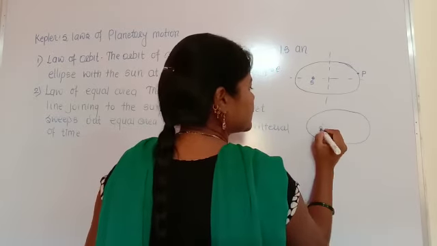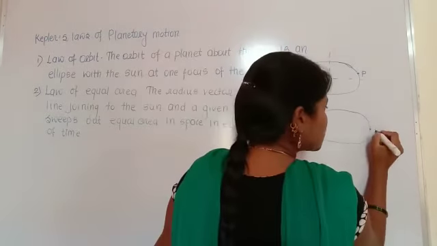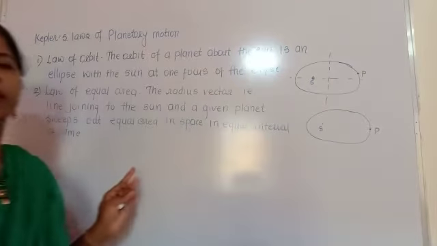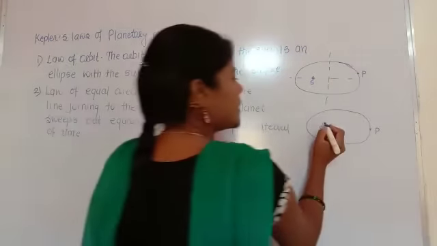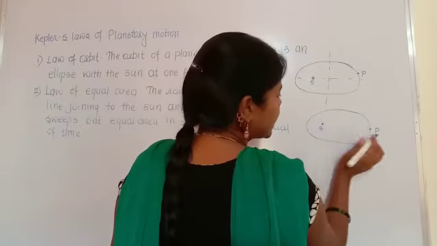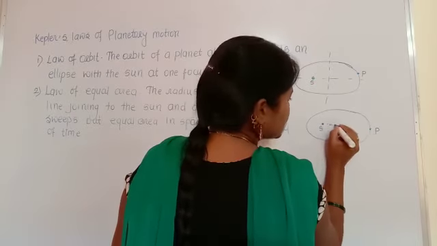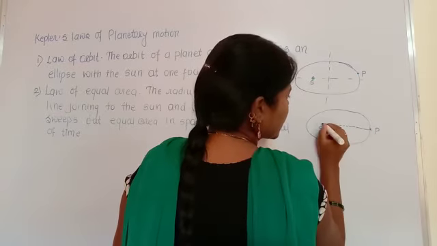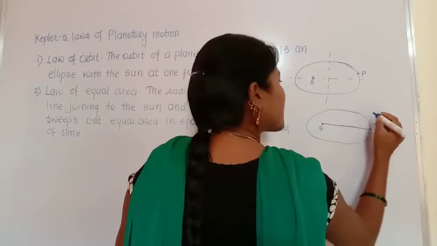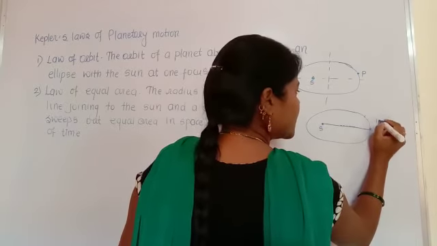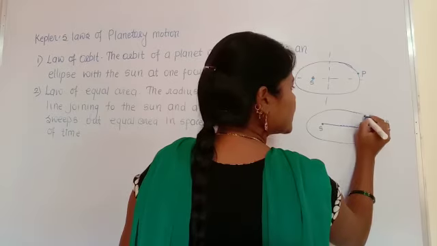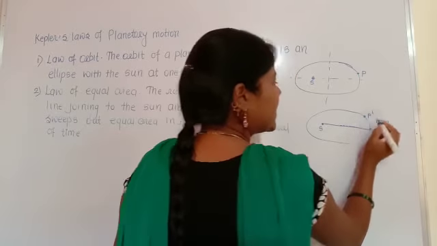The diagram is: this is the sun, and this is the initial position of the planet P. We write P for the planet and S for the focus of the ellipse, and this line joining them is the radius vector. After 1 minute, we see the next position of the planet, P dash.